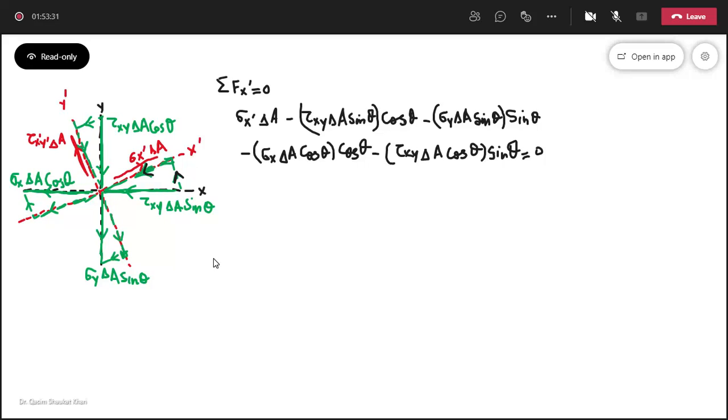Now summation of forces about the y dash axis is 0. Okay. The first one is tau x dash y dash delta A, acting upwards, positive.